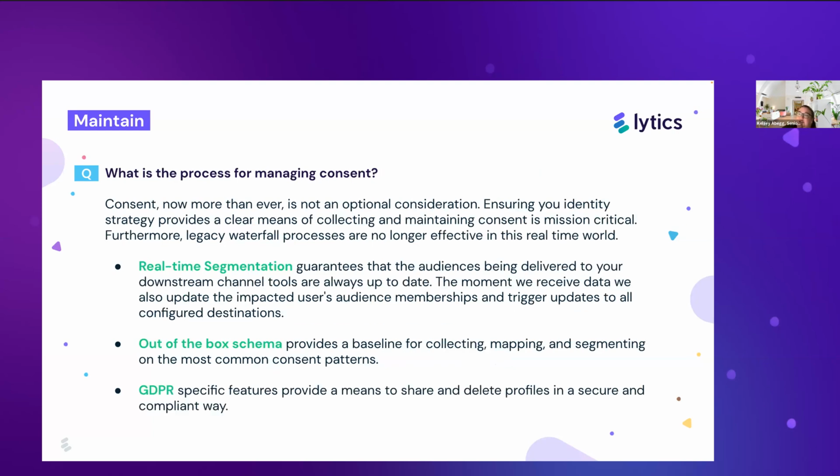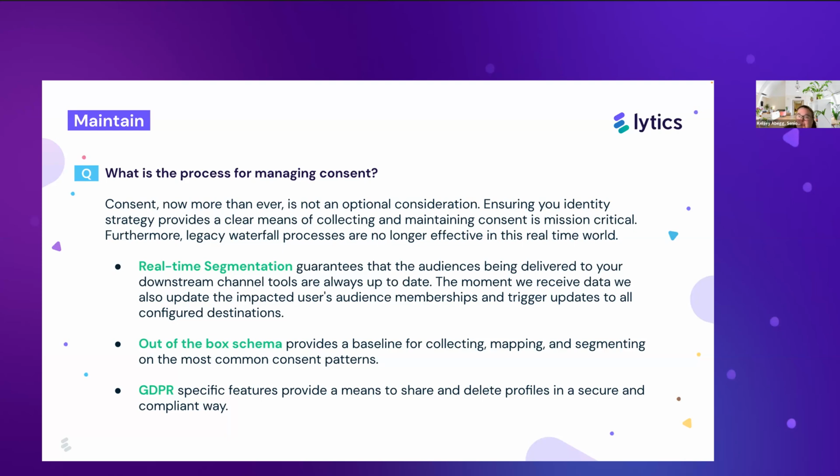And then as far as managing consent, I've mentioned this before, but our system is completely real time from graph to entity to export. What that means is, as long as we're able to stitch that information correctly, which as we mentioned before, the graph is robust enough to handle, it will keep the data up to date on the profile as well.